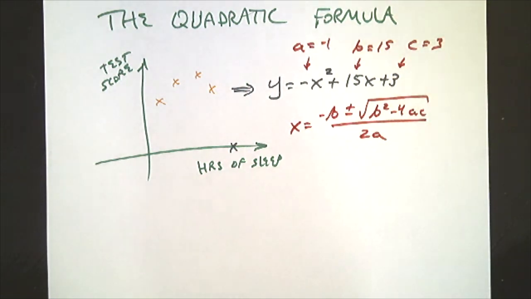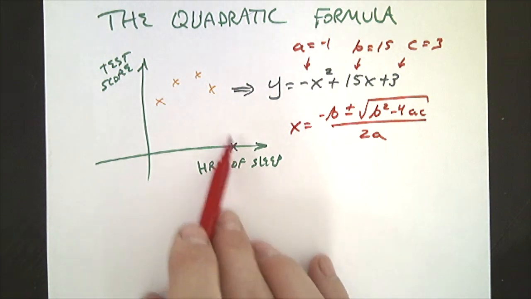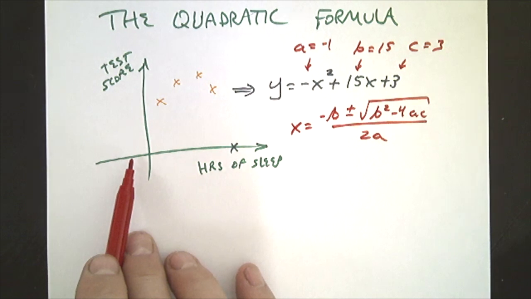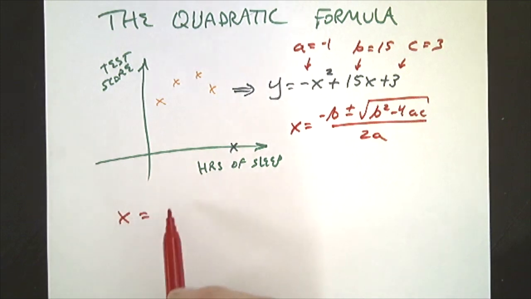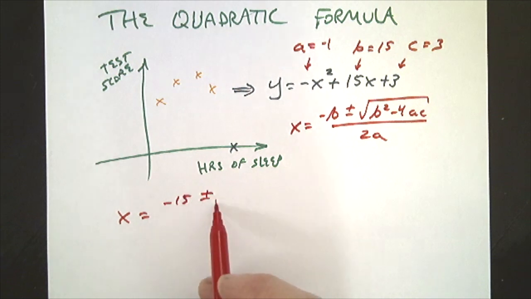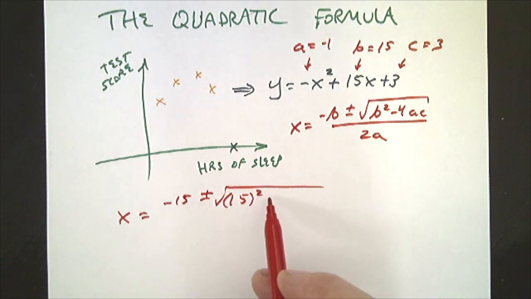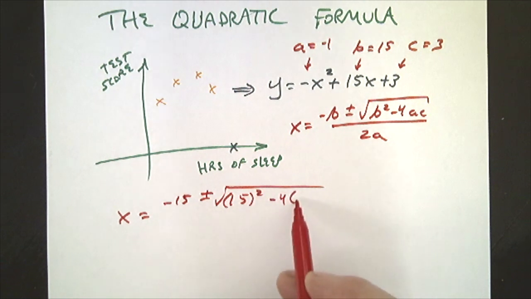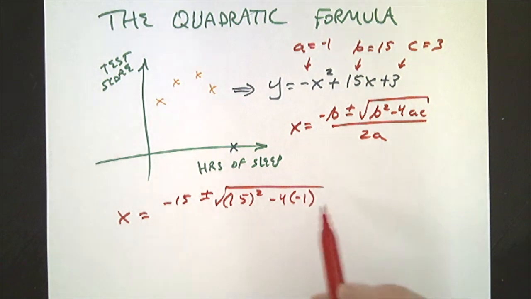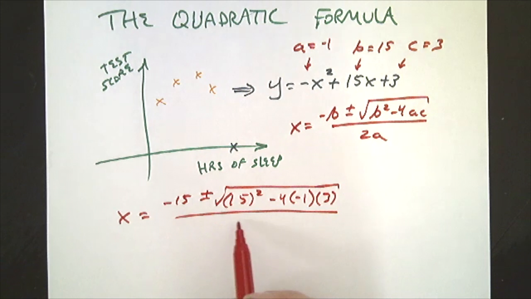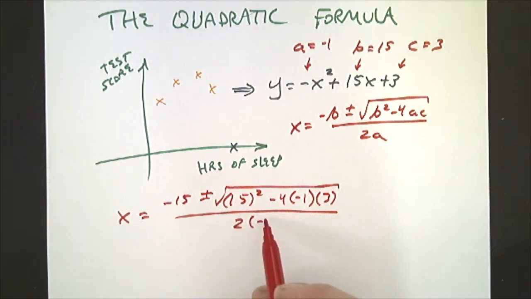So we put these numbers in and find out what is this x value, but we'll also find the other intercept. So x is equal to -15 plus and minus the square root of 15 squared minus 4 times -1, that's a, times 3, that's c, all over 2 times -1, which is a.